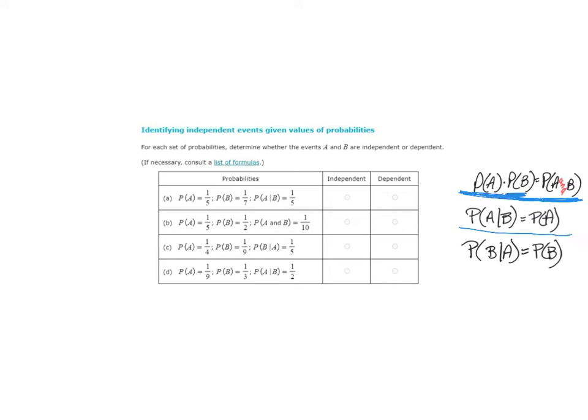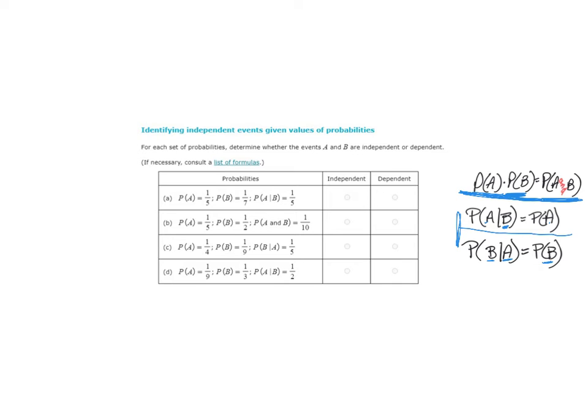And this says A and B are independent if, given B, the probability of A is equal to the probability of A, and on the other side, given A, the probability of B is equal to the probability of B. These are a little bit harder to understand than this one right here.